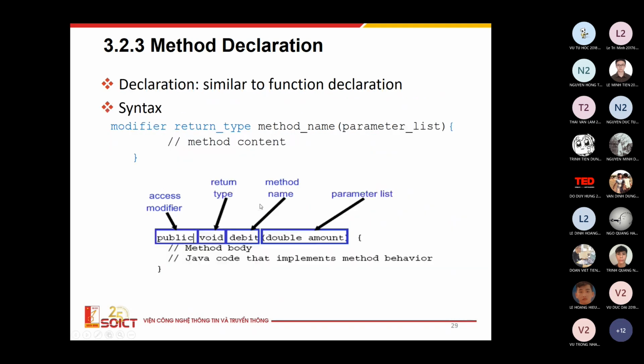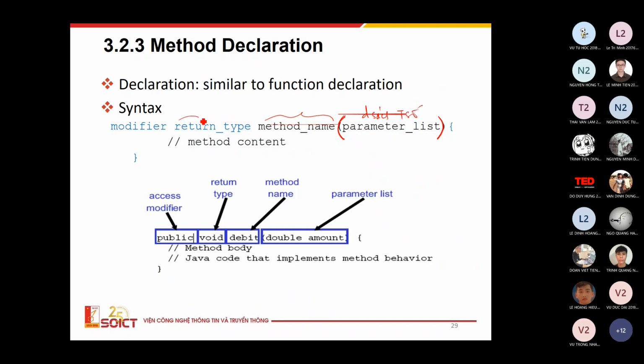And for the method, you declare it the same way as you declare a function or a method. You have the method name, and then the parentheses. Inside the parentheses, you have the parameter list, danh sách tham số.